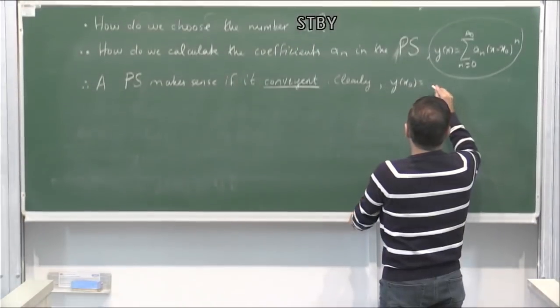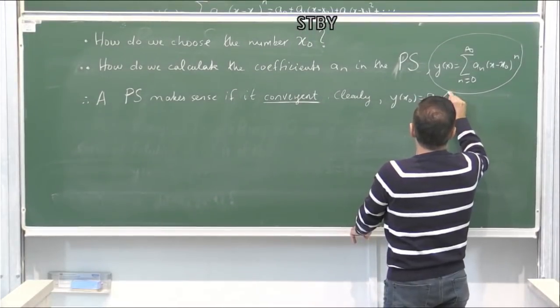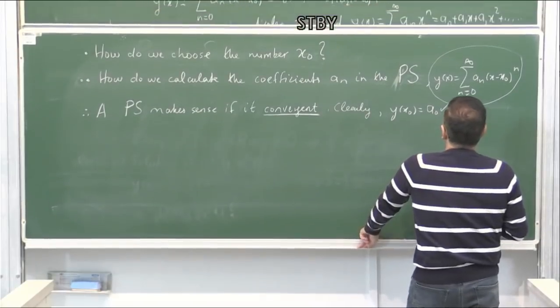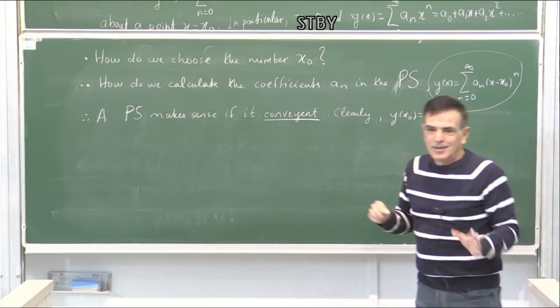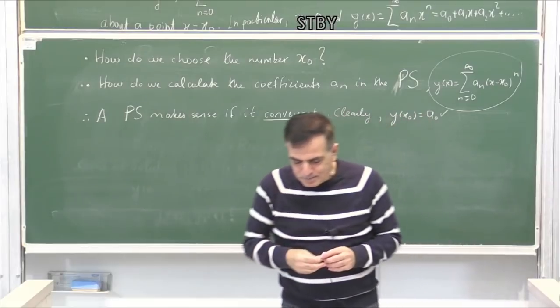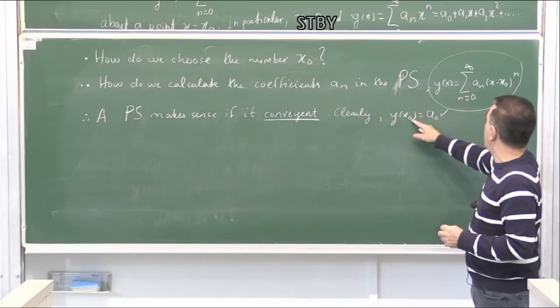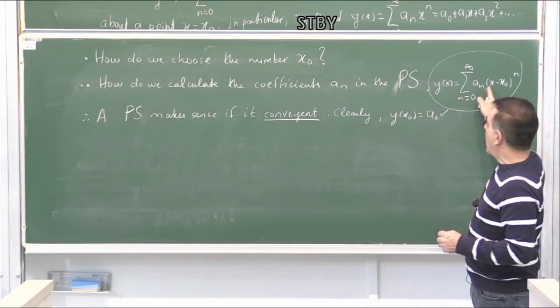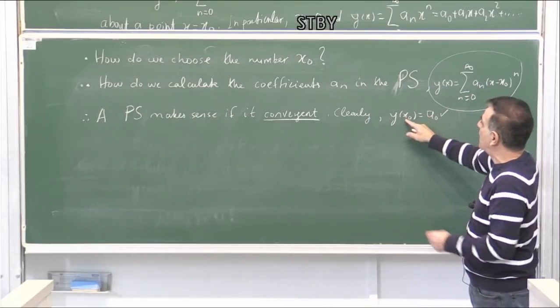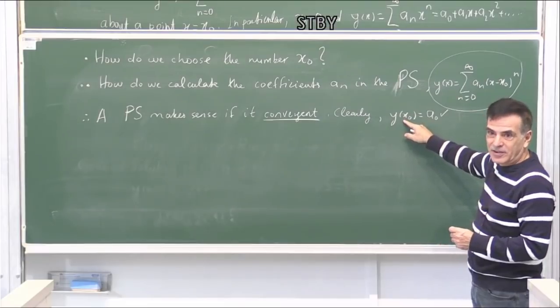So y of x0 is a0. Right? But does the series make sense for any other x values other than the point at its center?